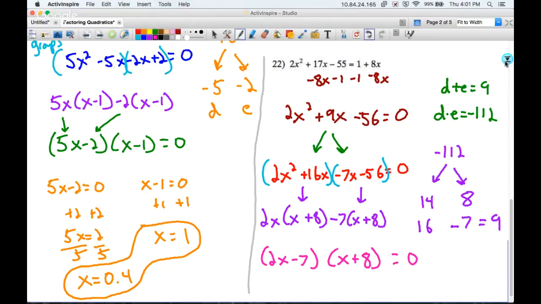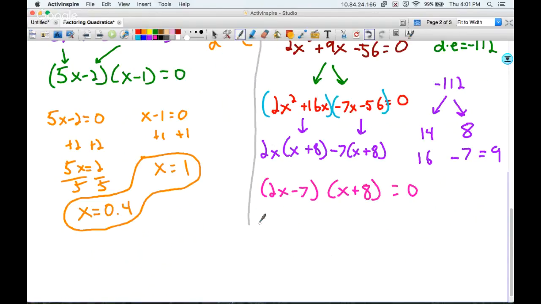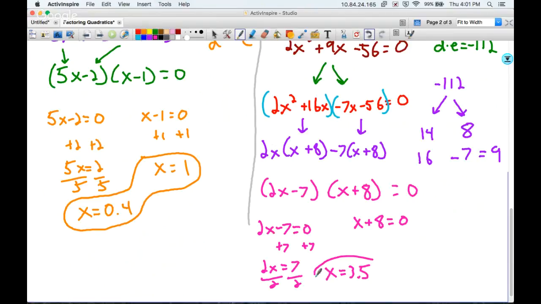All right, zero product property time. Set each of these equal to 0 and solve. Add 7, 2x equals 7, divide by 2, divide by 2. X equals 3.5. It's one answer. Minus 8, minus 8. X equals negative 8. That is our next answer.